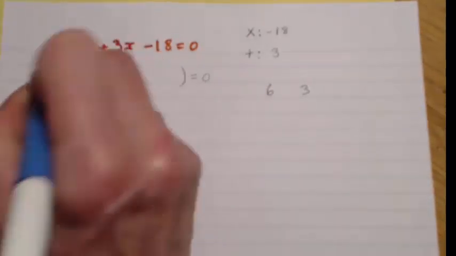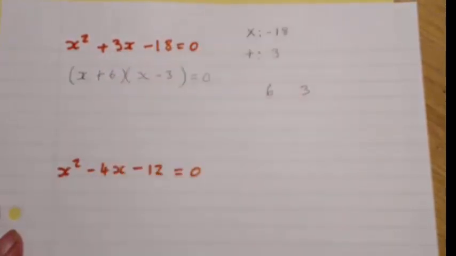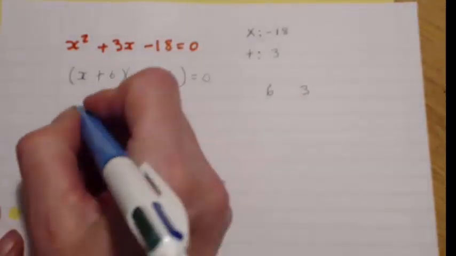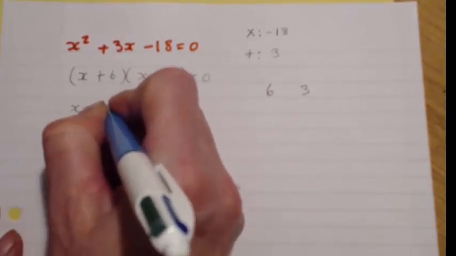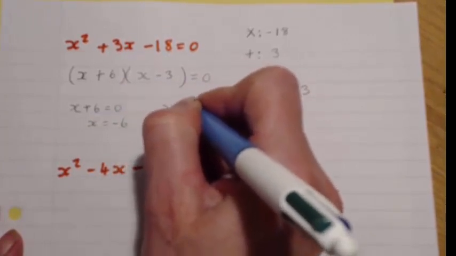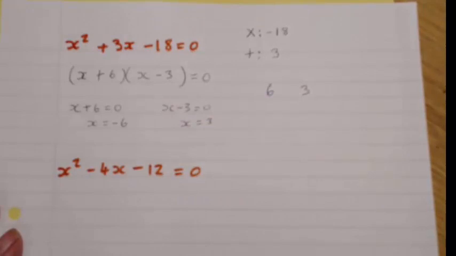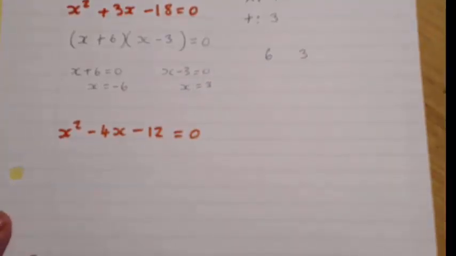So then we know it's x plus 6, x minus 3. So solving them, x plus 6 equals 0, x equals minus 6. Or x minus 3 equals 0, which means x is 3. So there are two solutions. Right, how about another one? And again, you could turn this off and try it yourself.